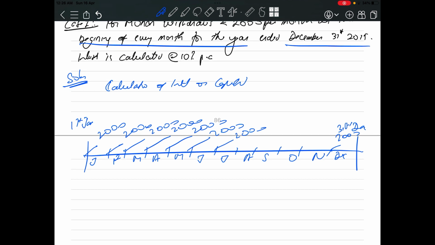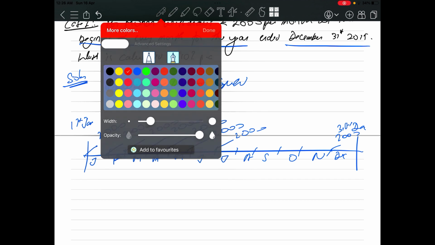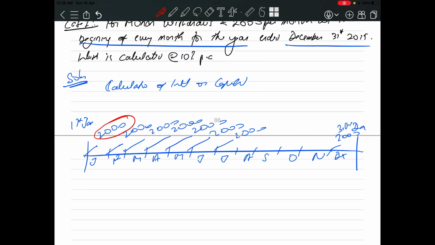The 2000 which he withdrew on the 1st of January, he will have to pay interest at the rate of 10% for how many months? For 12 months, because interest is always calculated at the end of the year. He has used this 2000 rupees for 12 months, from Jan to December.